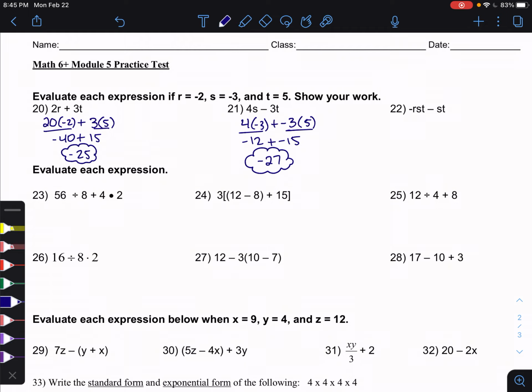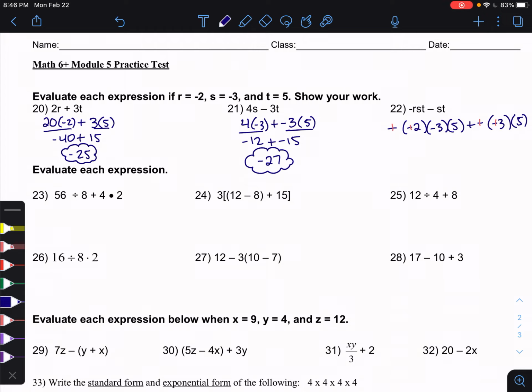For number 22, I'm going to start with the negative symbol that's there. And it's going to be the opposite of negative 2 times negative 3 times 5. Plus negative, and then s is negative 3, and t is 5. So in the front here, the opposite of a negative becomes a positive, and then the opposite of this negative becomes a positive.